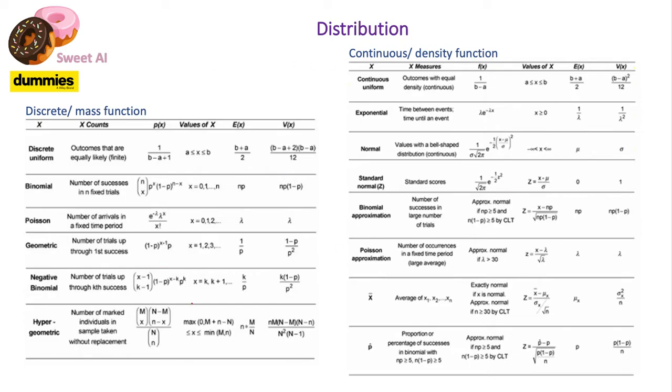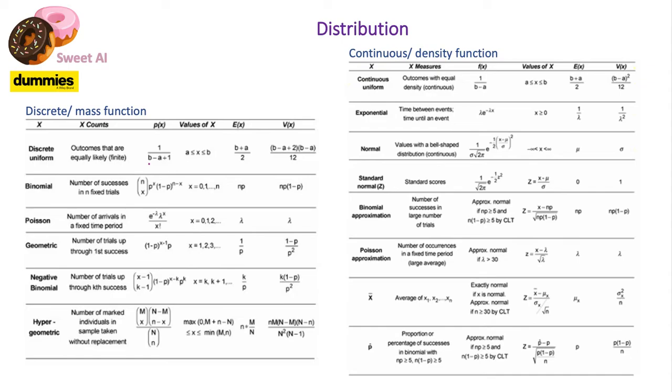And these two tables show the distributions for discrete variables, and this is for continuous variables. You see the formulas, how we can calculate the probability, the variance, the mean. You don't need to know the formulas, but it helps to better understand these different distributions.